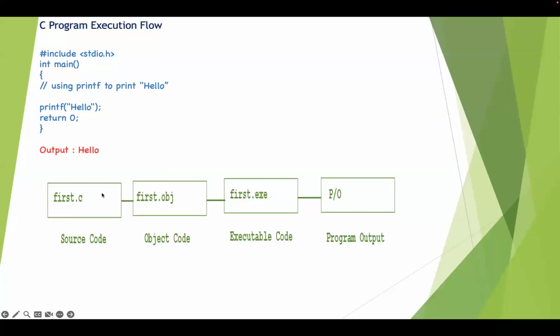The C compiler does not directly convert .c to .exe. First, it converts into object code. The object file has machine language instructions which are equal to your source code.